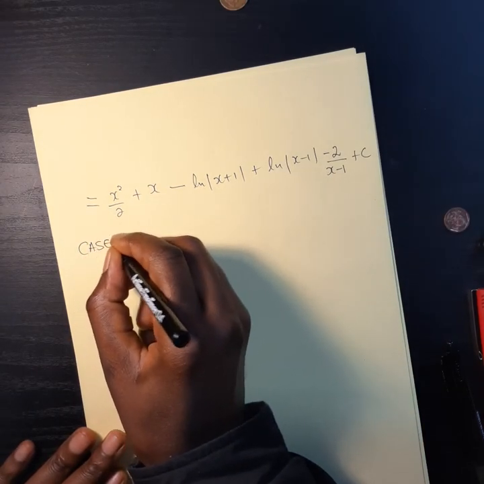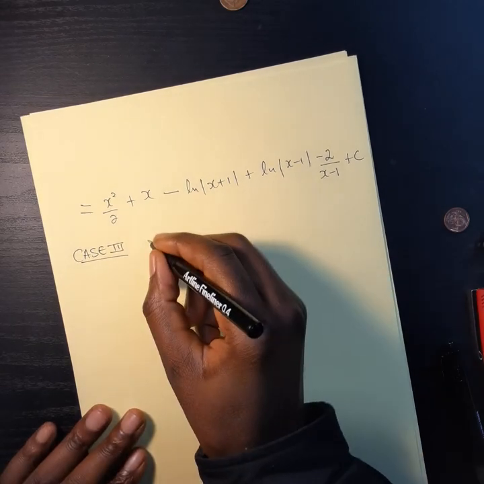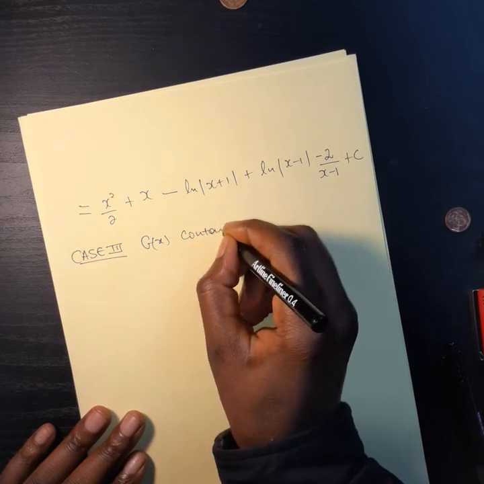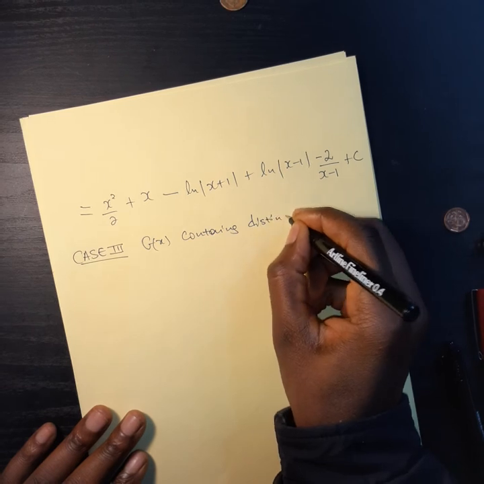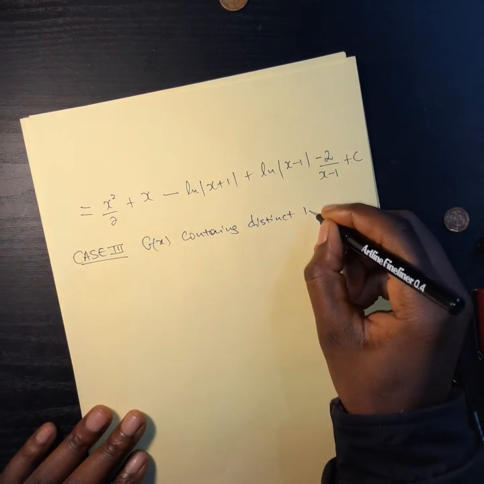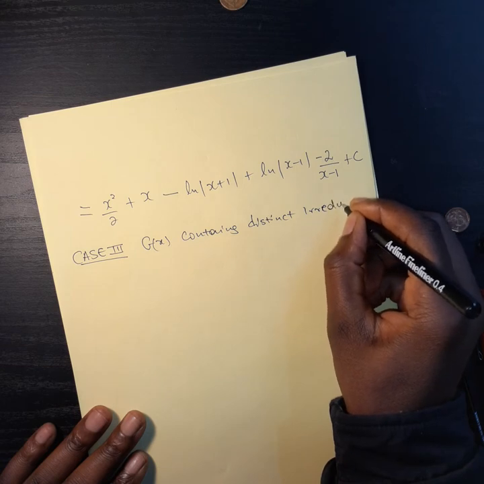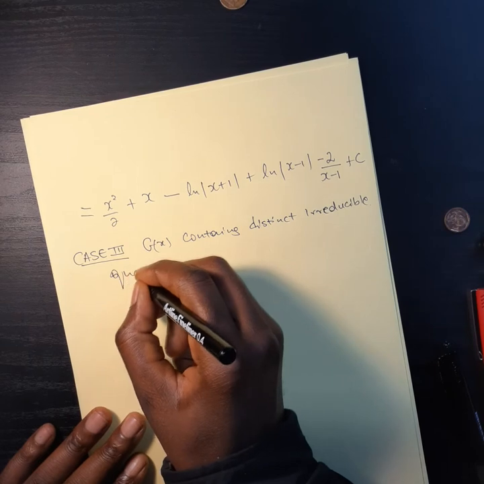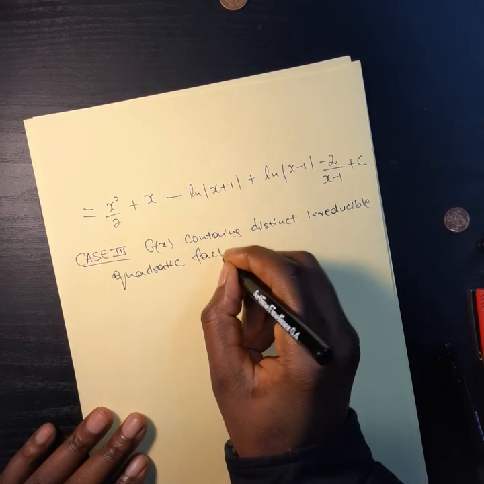Case 3 is where g of x contains distinct, irreducible, quadratic factors.